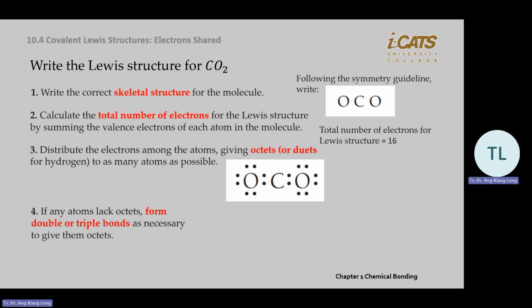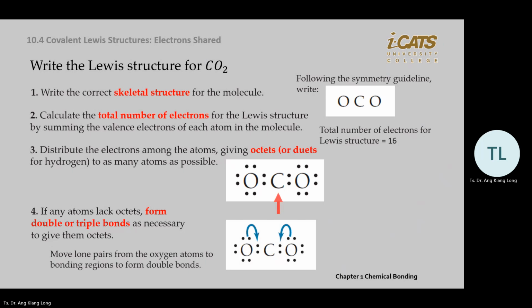So how do you balance it? You can shift the electron. Oxygen is already stable because oxygen already has 8. Carbon doesn't have 8, so you need to shift around the electron so that carbon has 8.